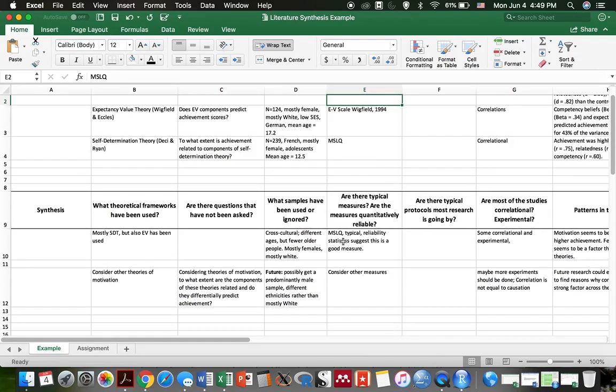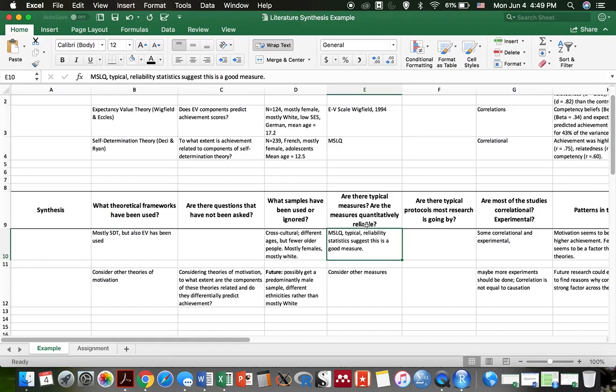So let's see, MSLQ, typically reliable, because I know this because I've studied motivation. So you might have to look at, okay, well, this measure, does it mention reliability statistics?